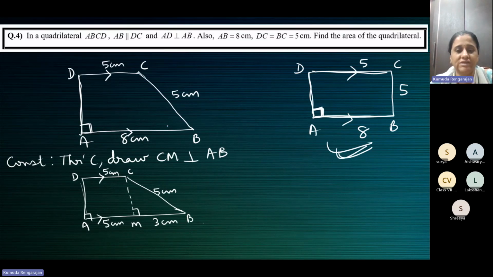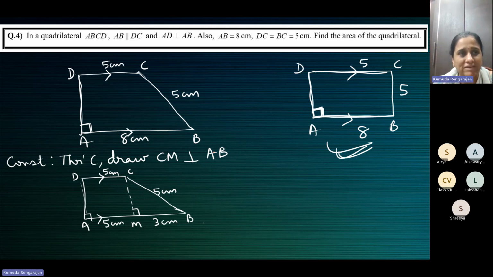Now we need to find CM. So in right triangle CMB, which is the hypotenuse? CB is the hypotenuse, and CM and MB are the legs. So how do we apply Pythagoras theorem?